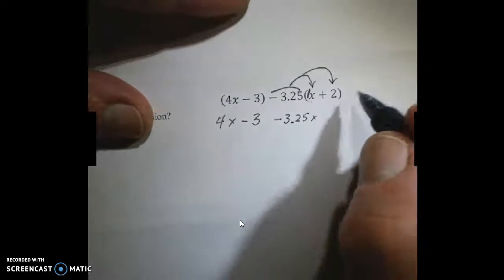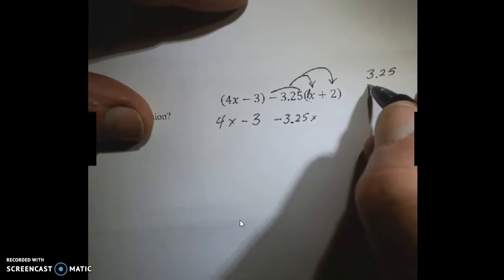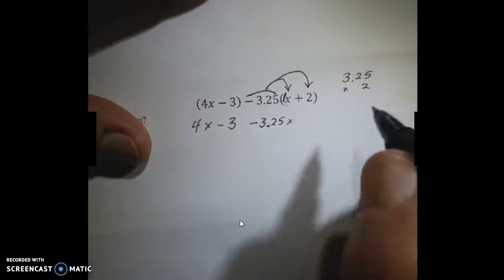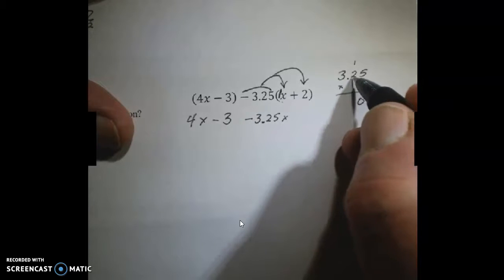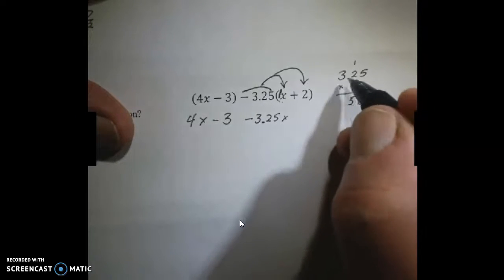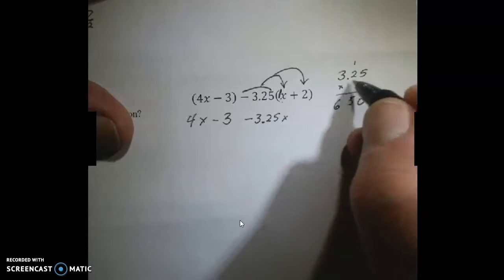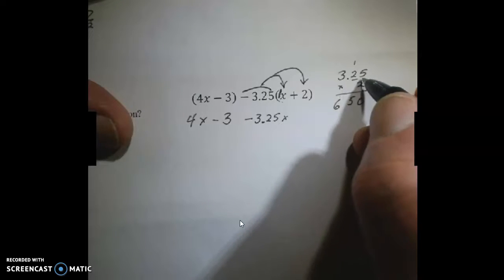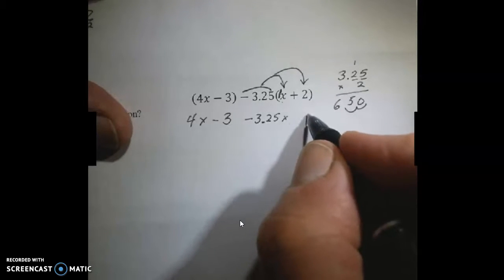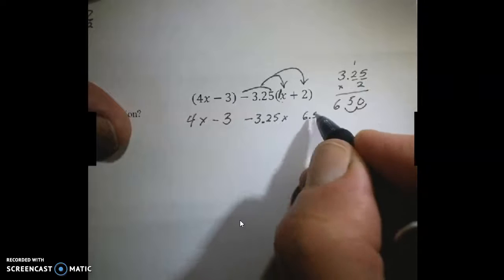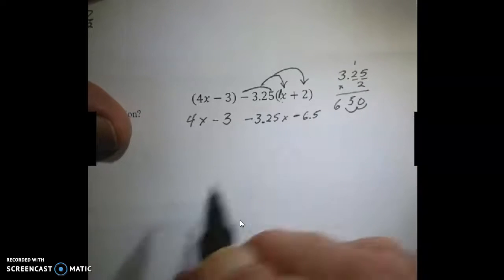Negative 3 and 25/100ths times 2, do that off to the side. 2 times 5 would be a 10, carry a 1. 2 times 2 is 4, plus the 1 is a 5. 2 times 3 is 6. Count your decimal places. There are 2 decimal places in the numbers we're multiplying, so you need 2 in your answer. You get 6.50, or 6 and 5/10, but it was a negative times a positive, so it's minus 6 and 5/10.